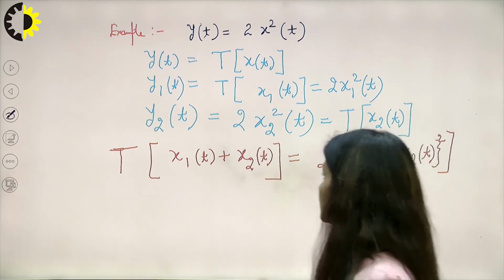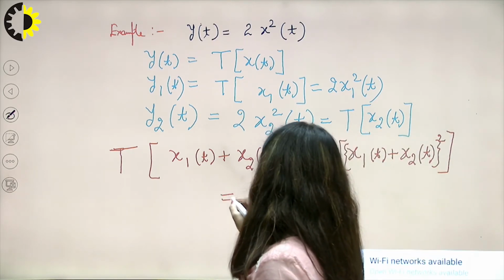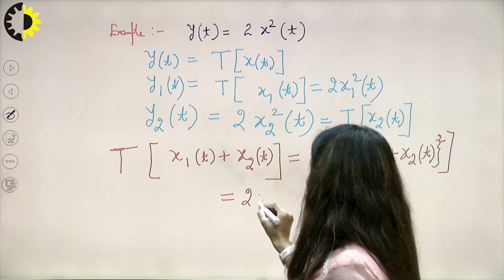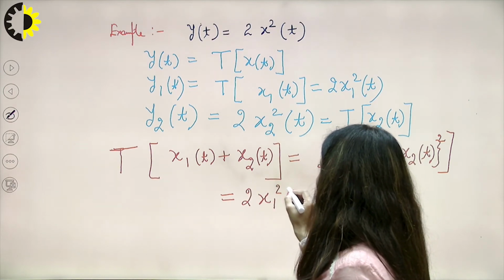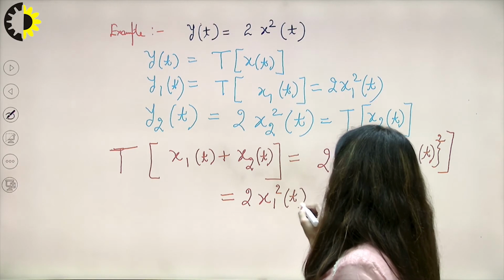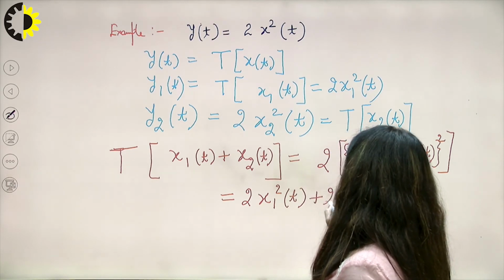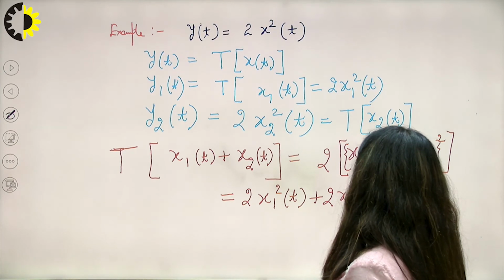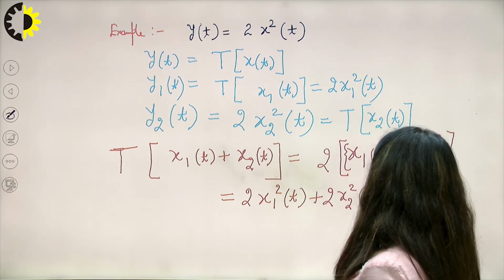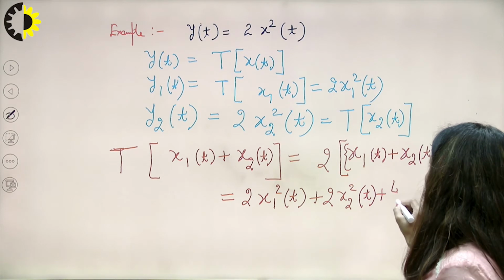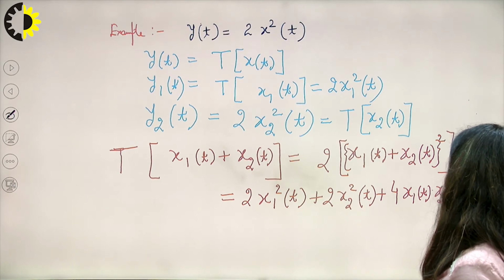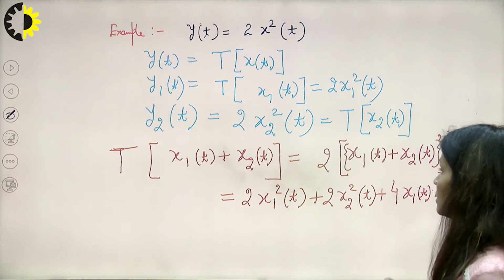That means this is 2x1 squared(t) plus 2x2 squared(t) plus 4x1(t) into x2(t).